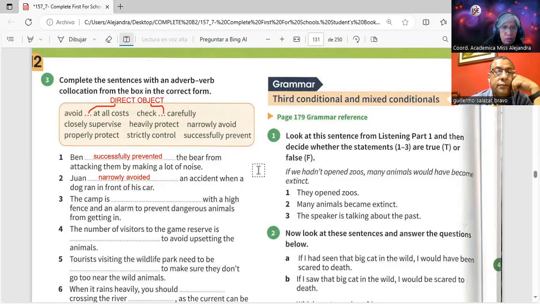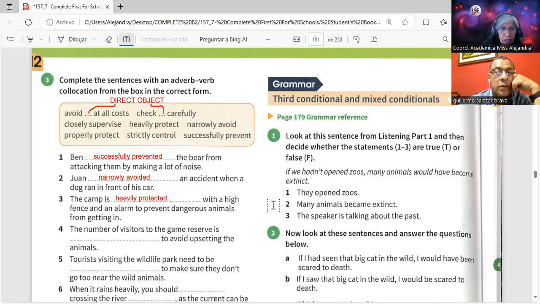The camp is with a high fence and an alarm to prevent dangerous animals from getting in. Heavily protected with a high fence and an alarm to prevent dangerous animals from getting in.